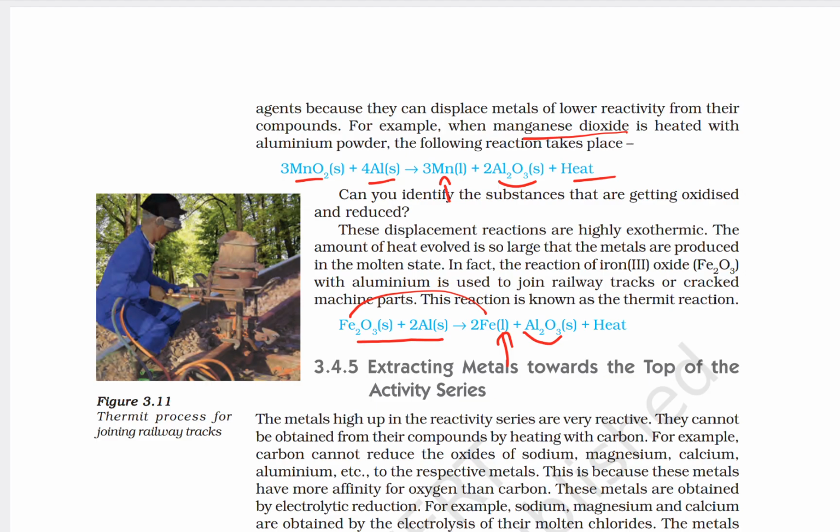Here in the picture you can see it used for attaching railway parts. This reaction is known as the Thermit reaction. Please remember this. Fe2O3 in solid form reacts with aluminium, and this helps to join the tracks. This is a practical application.